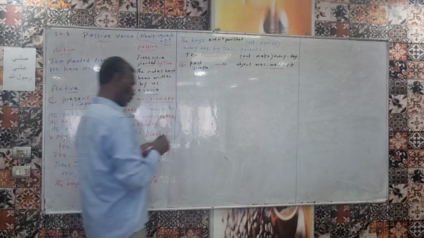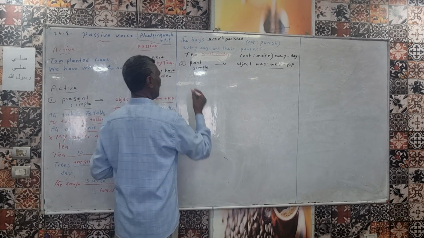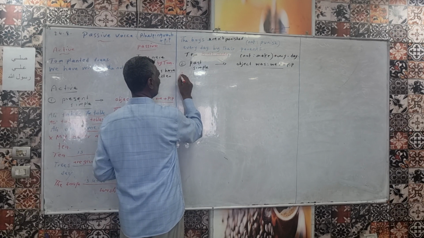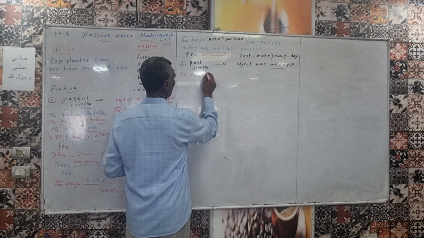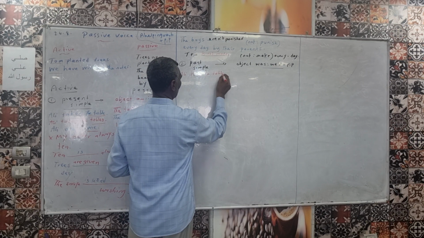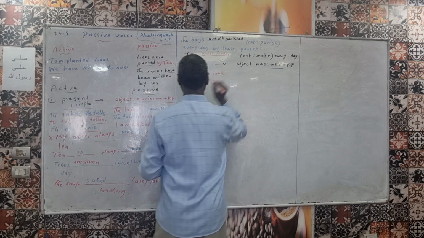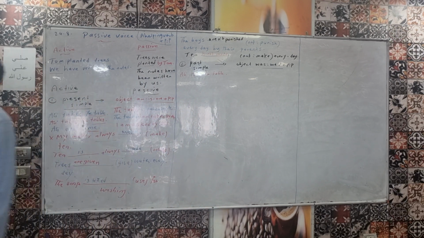Ali took the table. Is it an active voice or passive voice? Active voice. What is the subject of this sentence? What is the tense? Took. It is past simple tense. What is the object? The table.